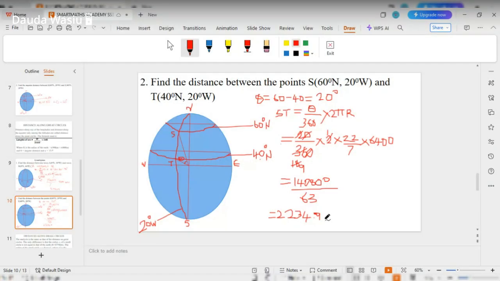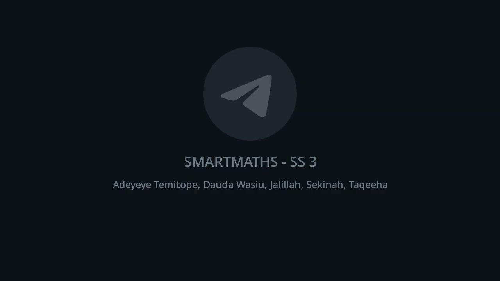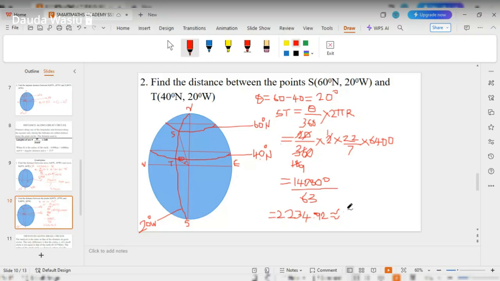Which is approximately 2,230 kilometers, to three significant figures.